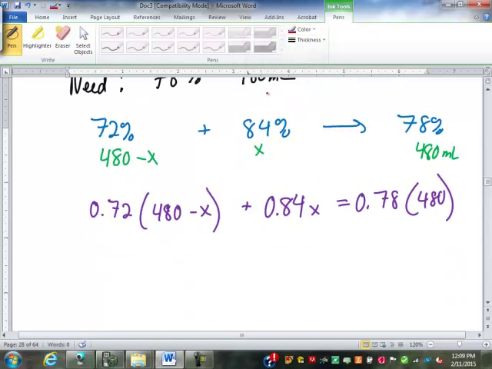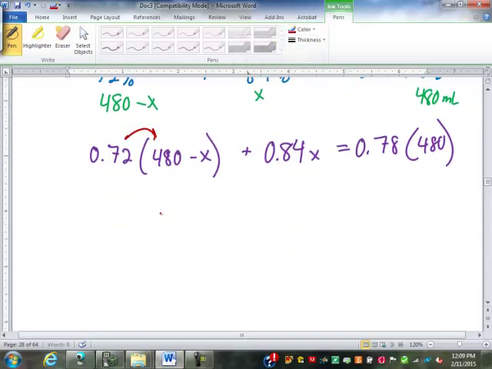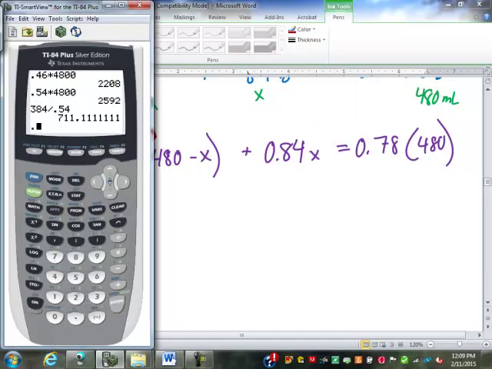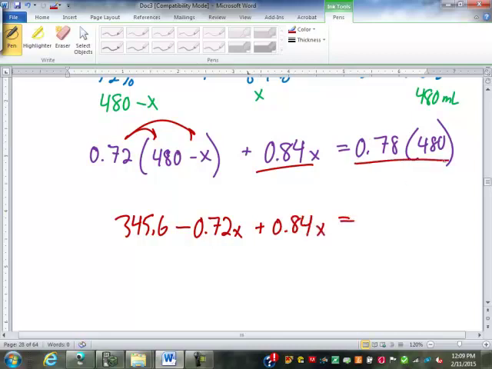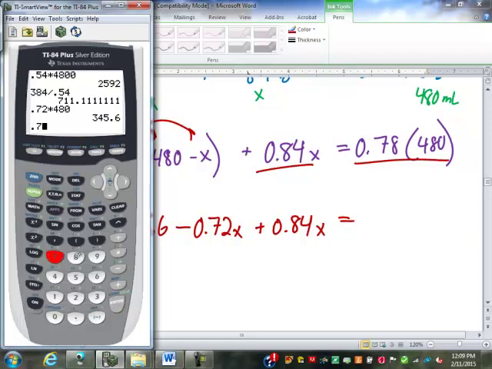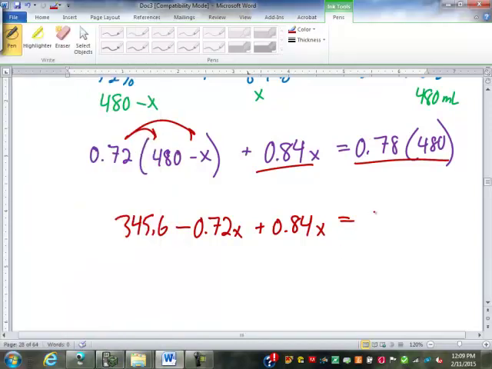And we'll solve from here. 0.72 times 480 is 345.6. 0.72 times negative x is a negative 0.72x. Well, that's just going to stay a positive 0.84x. 0.78 times 480 is 374.4.